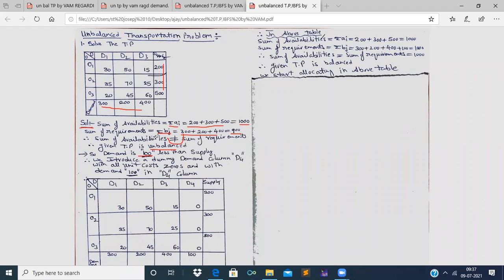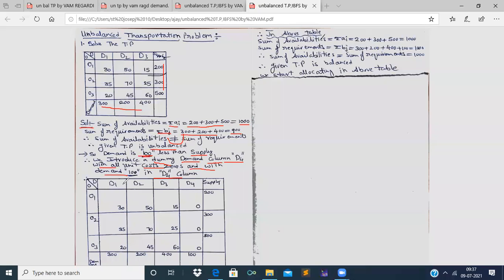That means we have to introduce a column D4. So demand is 100 less than supply, right? We introduce a dummy demand column. Dummy means a duplicate demand column D4, right, with all unit costs zeros and with demand 100 in the D4 column. That is what we have done here.